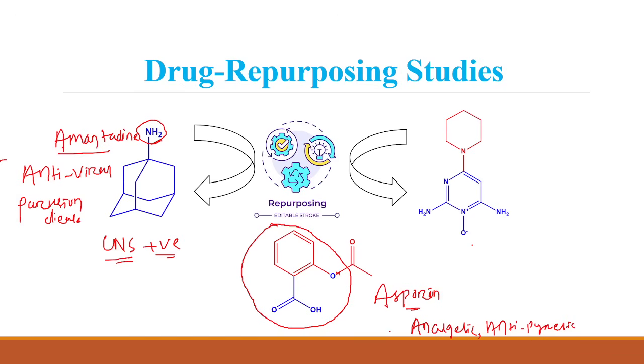Then the anti-inflammatory action: if any inflammation is there, we can give aspirin. When the drug was repurposed, it was found to have anti-inflammatory as well as anti-proliferative activity. Also, aspirin at a lower dose, that is 250 mg, acts as a blood thinner.